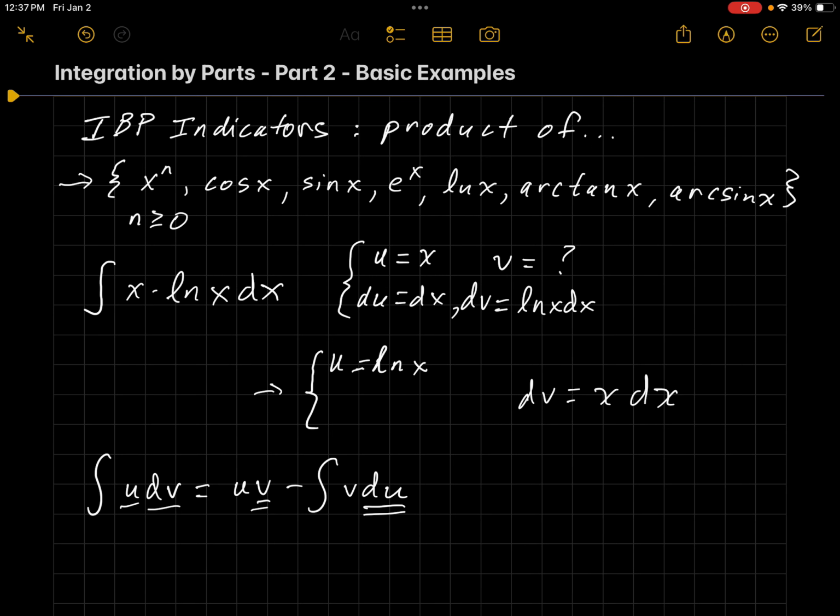If u is natural log of x, then du is 1 over x dx. And if dv is x dx, then v is x squared over 2. Now, it may seem that I made things more complicated, but at least I could find both v and du.